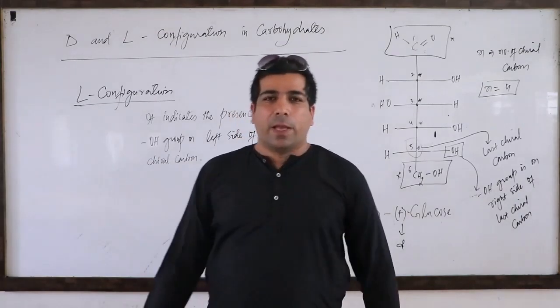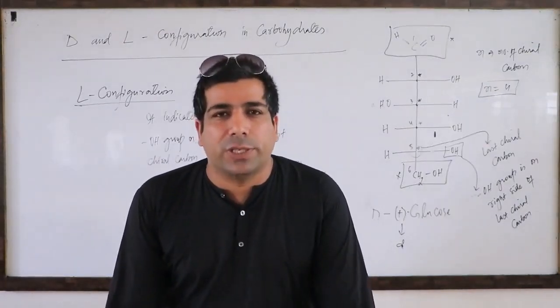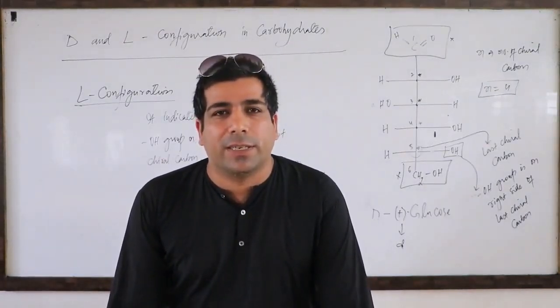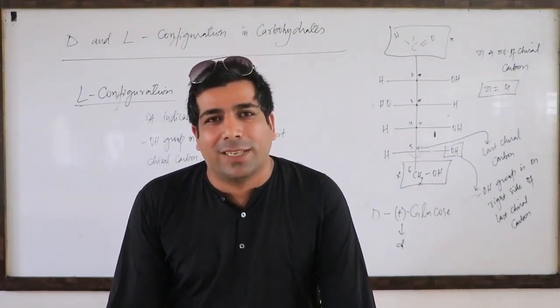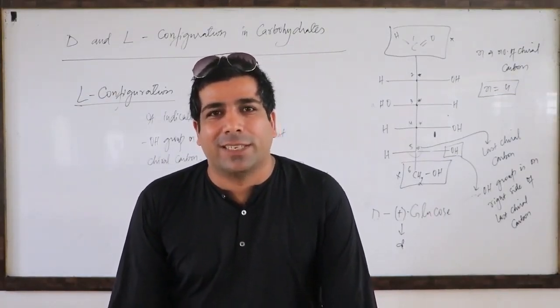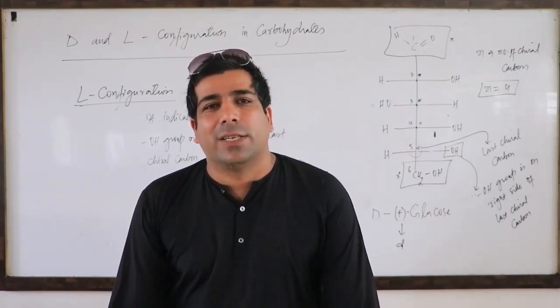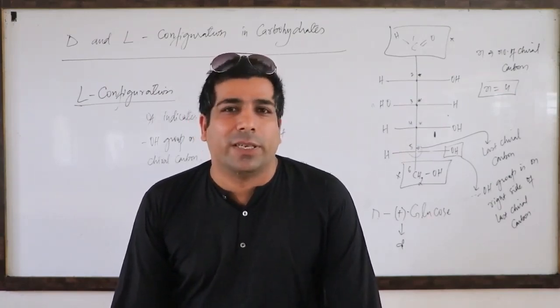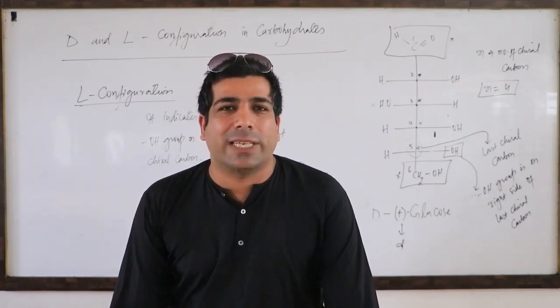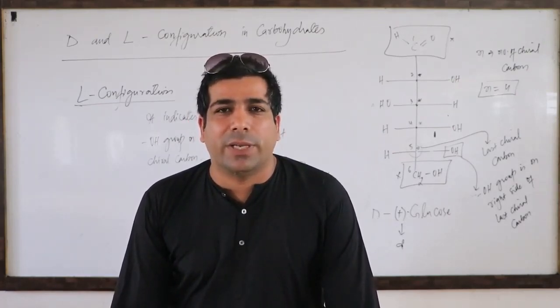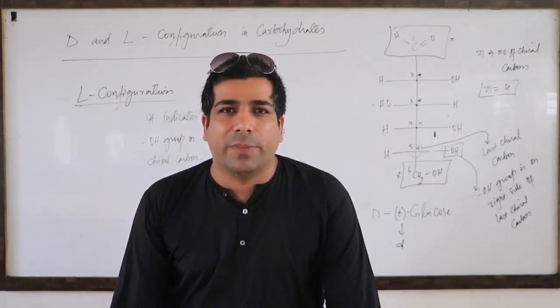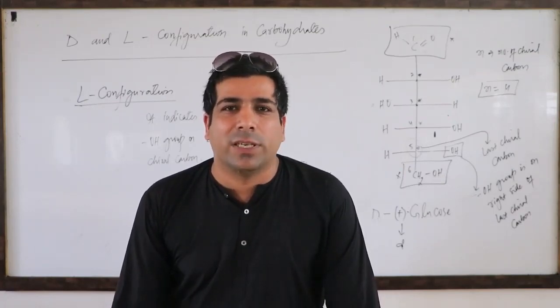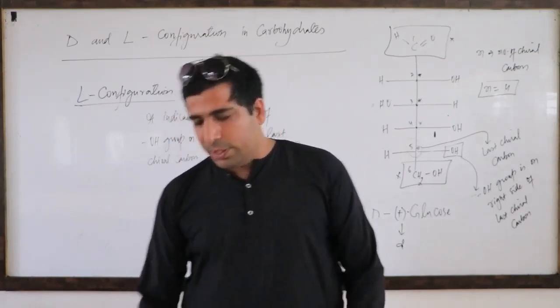Please remember, all natural sugars are D sugars, capital D. But what about L sugar? L sugar does not exist in nature, but you can synthesize it in the laboratory. So how can I explain to you what is L sugar? Let us take the mirror image of D sugar. The mirror image of D sugar will be exactly what? The L sugar. Have a look.